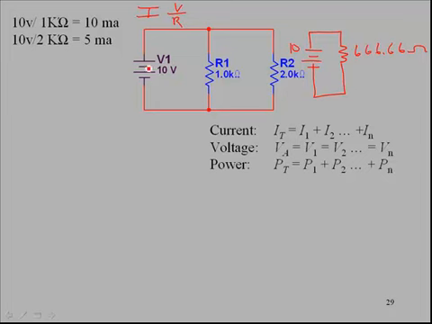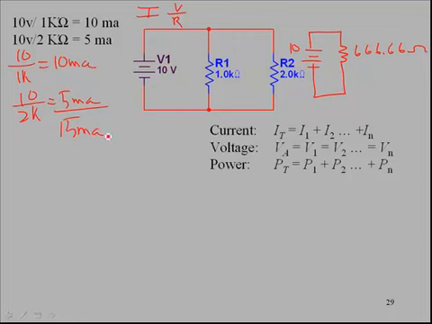Here we have an applied voltage across this component, so we have 10 volts divided by 1 k ohm, and I already did this right here, so that is going to be 10 milliamps. Remember, we have the same 10 volts across R2, the 2K here, so that would be 10 volts across 2K. That would be 5 milliamps. So our total current across both components is going to be 15 milliamps.